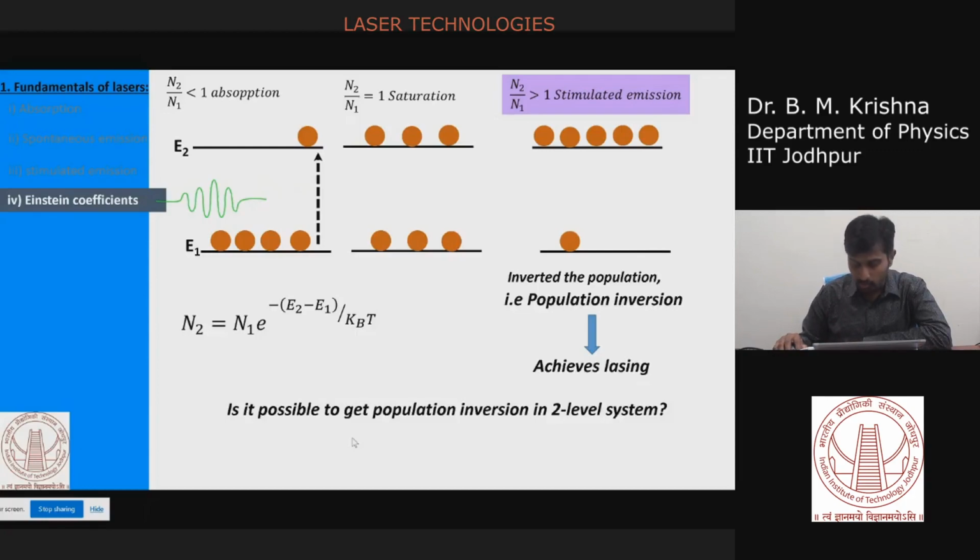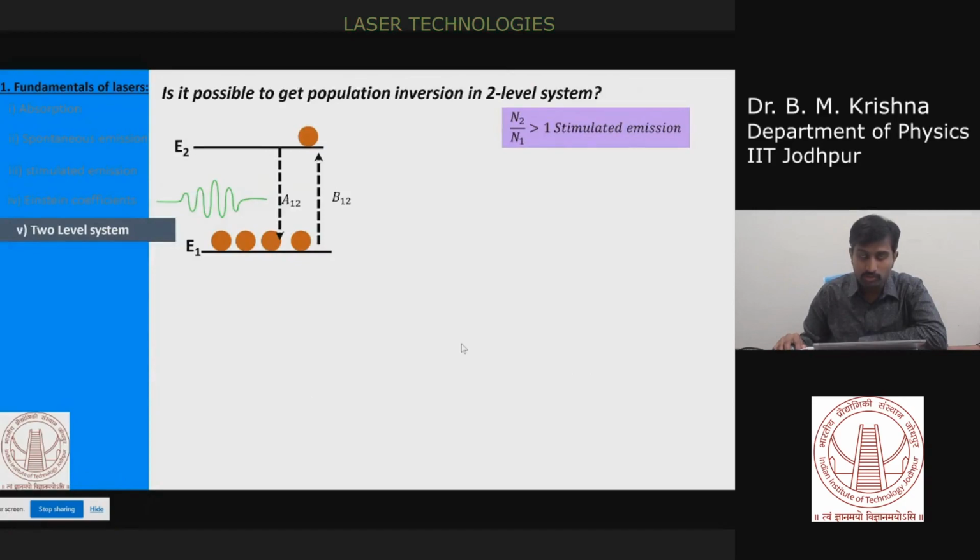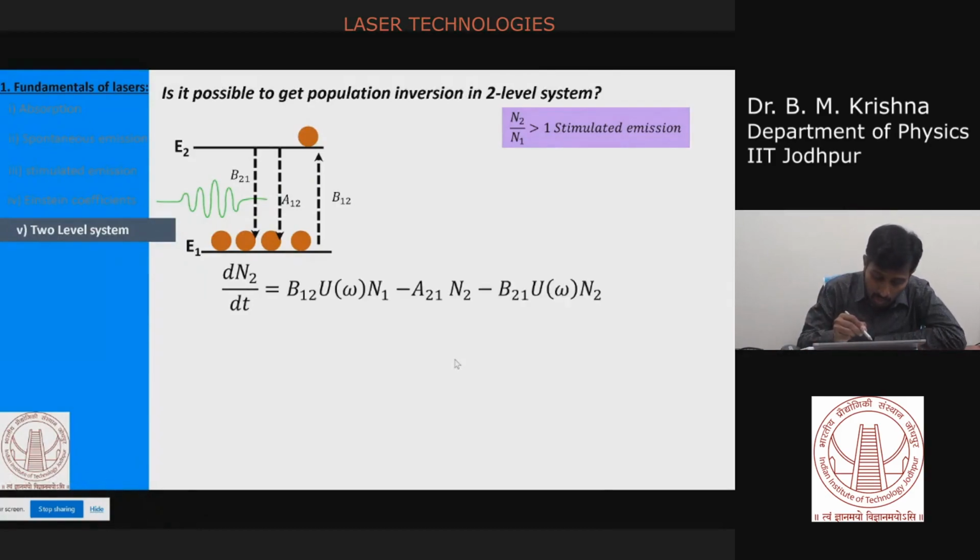But is it possible to get population inversion in a two-level system? So your B12 refers to the absorption process, A12 refers to your spontaneous emission, and B21 is your stimulated emission process. Now you formulate the equation. With the rate equation, you are actually finding the number of excited atoms or electrons in the state E2.